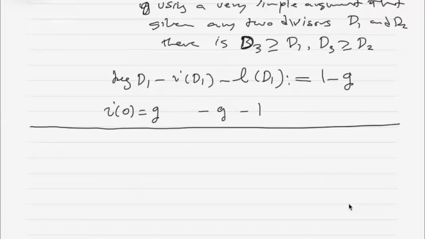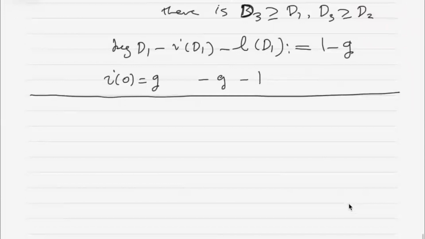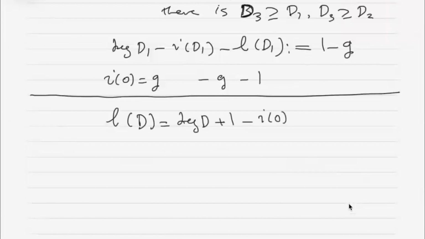I'm a little tired now, but we are not too far away from Riemann-Roch theorem. Let me just rephrase what we have proved. We have proved that L of D is degree of D plus 1 minus I of 0 plus I of D. Why have we proved this?